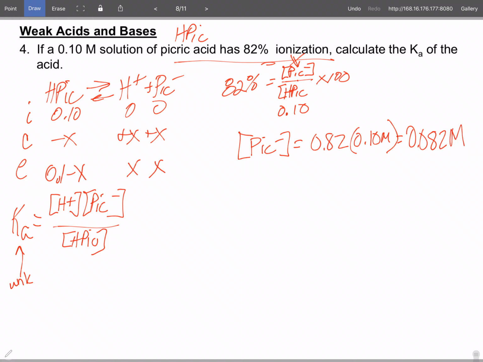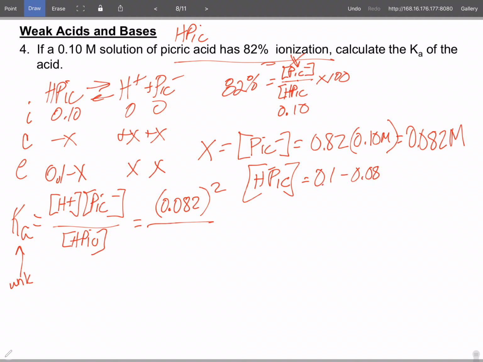So we have this value, which is 0.082 squared. And now we need the H pic value. So the H pic value is going to be equal to 0.1 minus 0.082, which is equal to 0.018 molar.